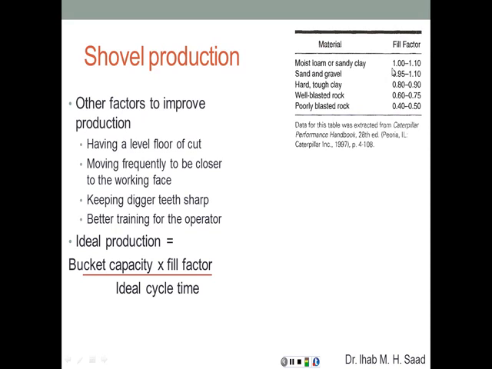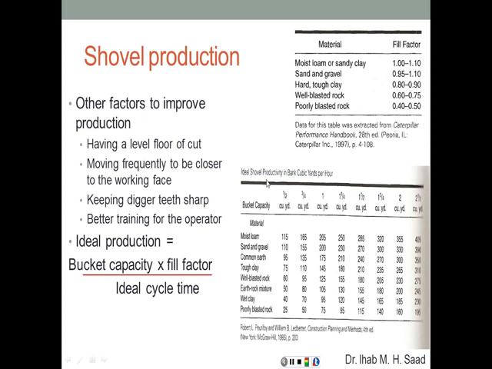For moist loam or sandy clay, the fill factor is between 1 and 1.1 of the rated capacity of the bucket. For sand and gravel, it's anywhere between 0.95 and 1.1. For poorly blasted rock, it's anywhere between 0.4 and 0.5. And again, that's obtained from the Caterpillar Performance Handbook for that type of shovel.